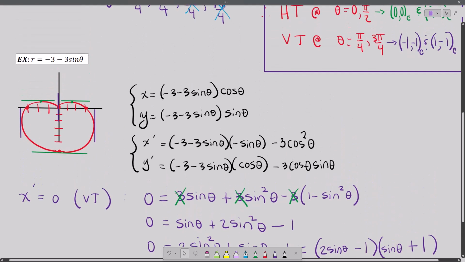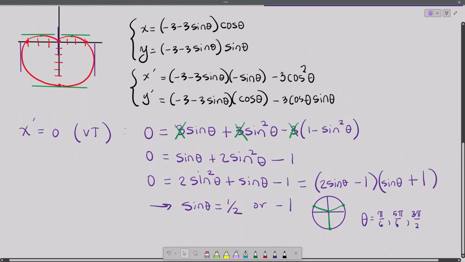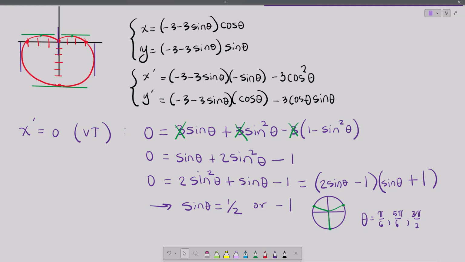Now this thing, it asks for the points. So if we want to figure out the corresponding points, we're going to plug in the angle right up here, get our x and y points. That'll give us our coordinates. So the 3 verticals are going to be at, plugging in pi over 6, we would simplify this.